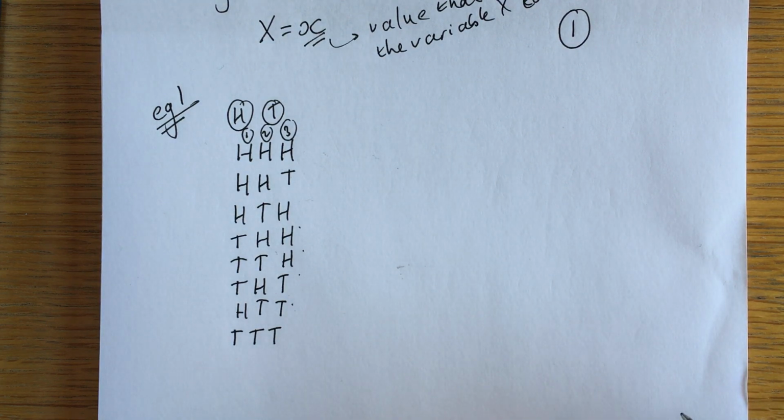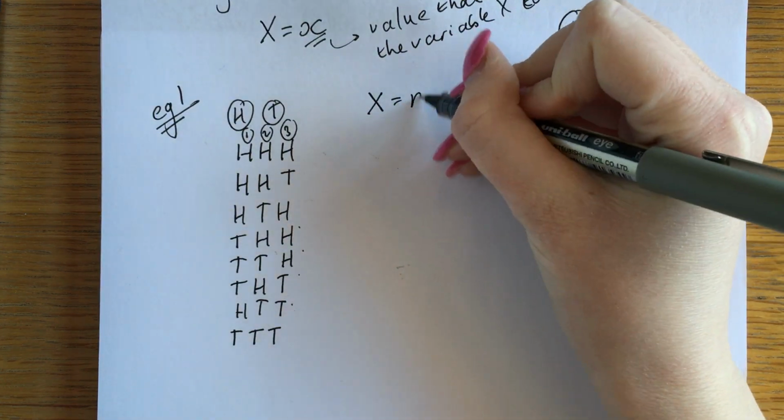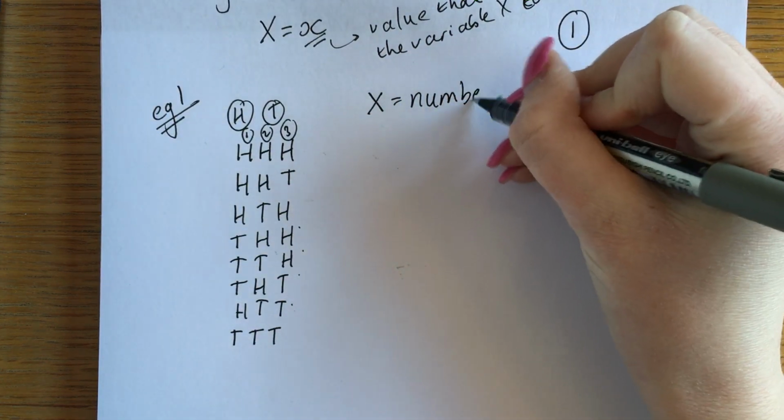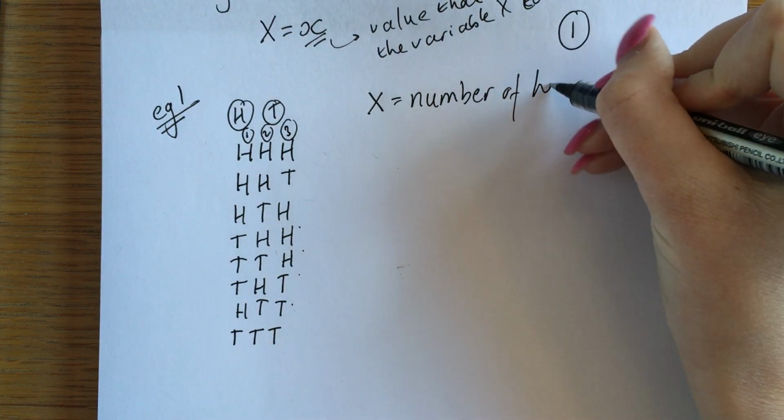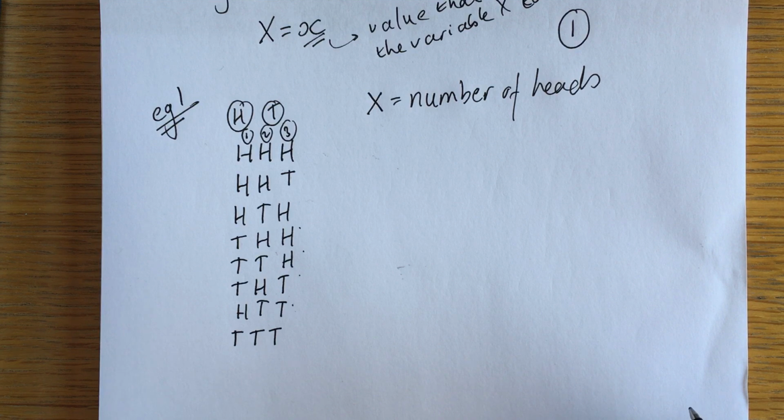So part B: a random variable X is defined as the number of heads when 3 coins are tossed. Write down the probability distribution of X as a table and as a probability mass function.